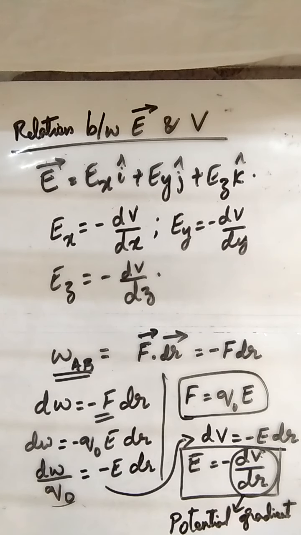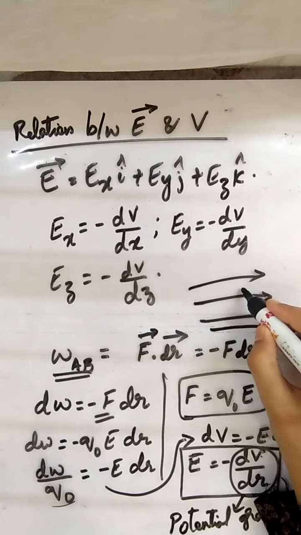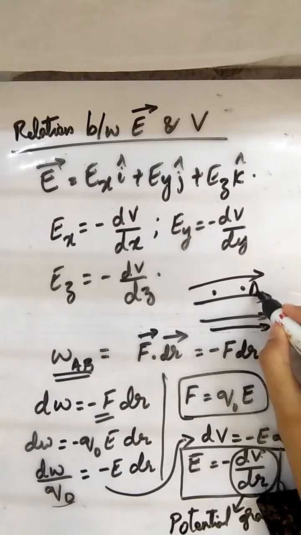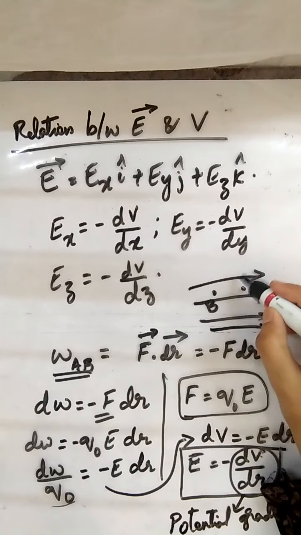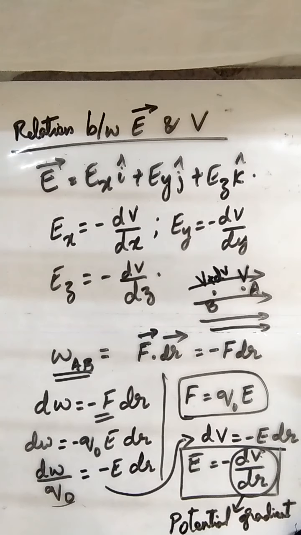And in which direction will it be pointing? It will be pointing in the direction of decreasing potential. I had drawn that figure, no? From here to here, this was point A, this was point B. Potential was V here, and here the potential was V plus dV, correct?